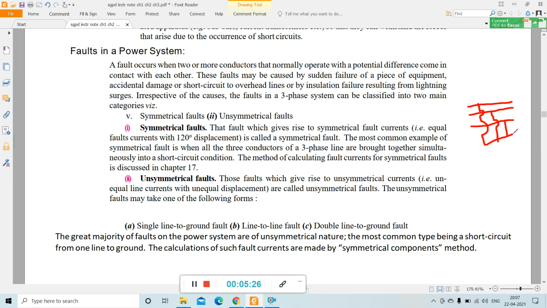The method of calculating fault current for symmetrical fault we will study in the next chapter.